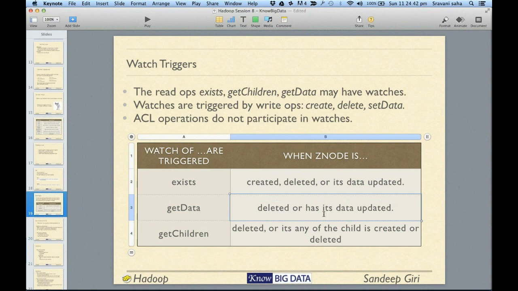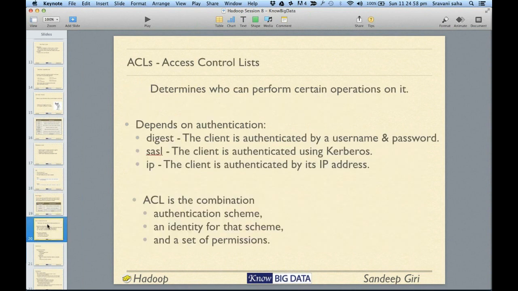Therefore, standalone is mostly for testing, not for a production environment. The second mode is replicated, where multiple machines run in parallel to provide the ZooKeeper service. The cluster of machines running ZooKeeper in parallel is called an ensemble, and it is highly available and tolerates failures as long as there is a majority.